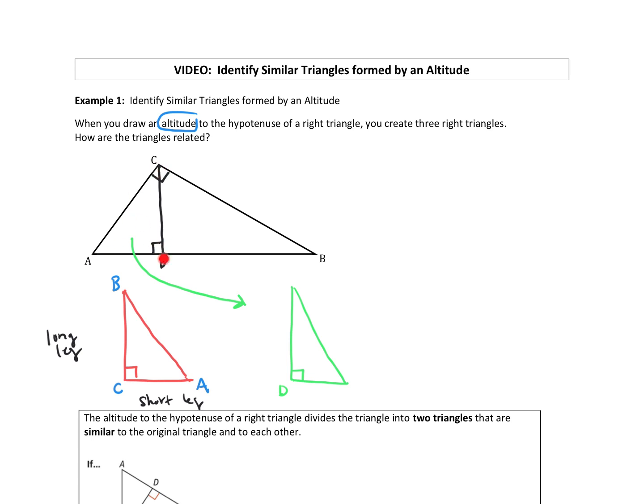This is the short leg of our triangle here on the left from D to A. So we put the short leg on the bottom here, so I know that that's going to be an A. And then the long leg of just this triangle over here is from D to C. So I know that we have C up there.